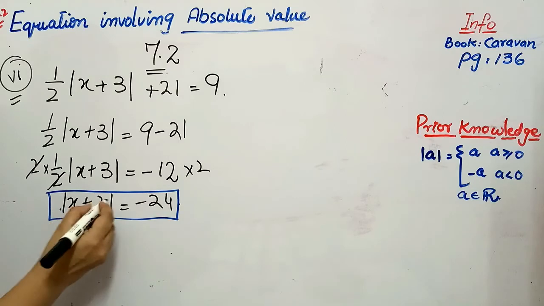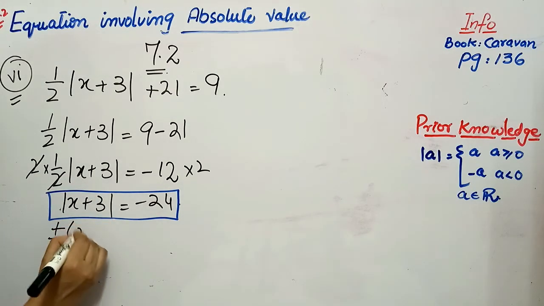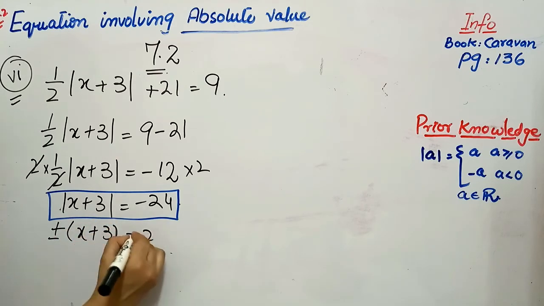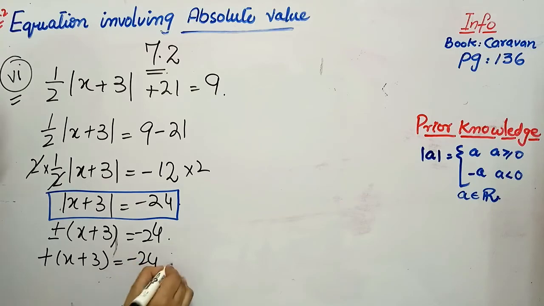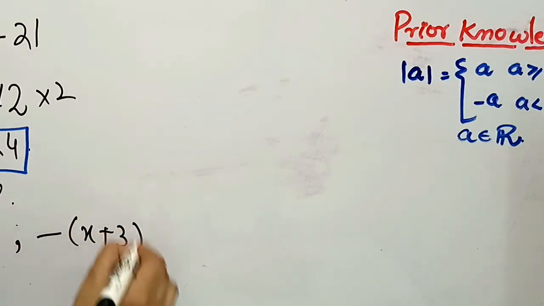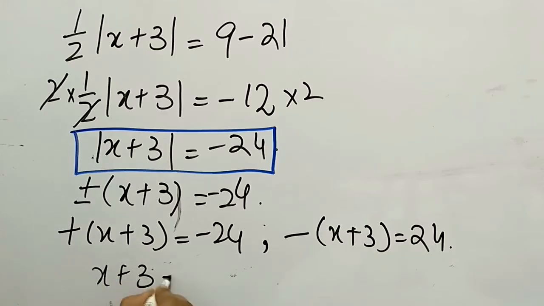I have told you that whenever we are removing the modulus, we have to write positive and negative. So one time I have to write x plus 3 positive, x plus 3 is equal to minus 24, and one time I have to write minus of x plus 3 is equal to minus 24.